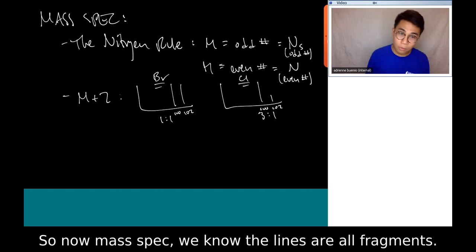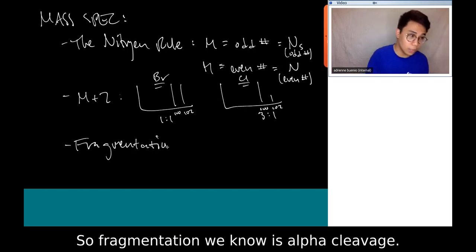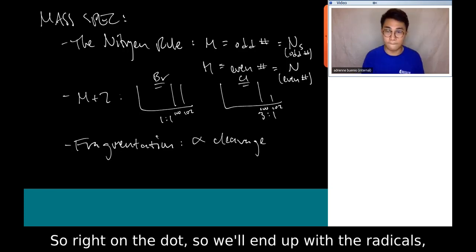So now mass spec, we know the lines are all fragments, right? So what is the deal with the fragmentation? So fragmentation, we know, is alpha cleavage. So right on the dot, right? Right on the dot.